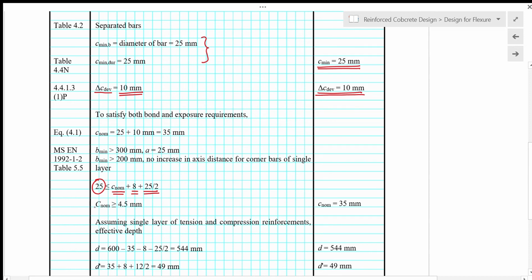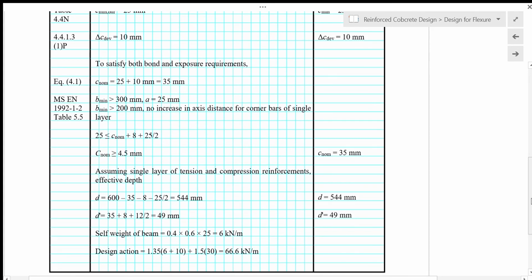So in this case, C nom is calculated as greater or equal to 4.5 mm. So comparing this to the C nom just now, which is 35 mm, we need to use C nom as 35 mm.